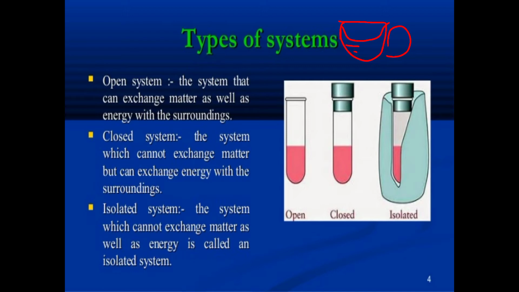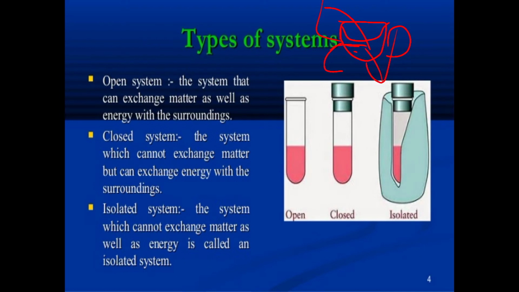So the energy is exchanged with the surroundings. How is this tea becoming cool? Because it is transferring its heat to the surroundings, so it became cool.